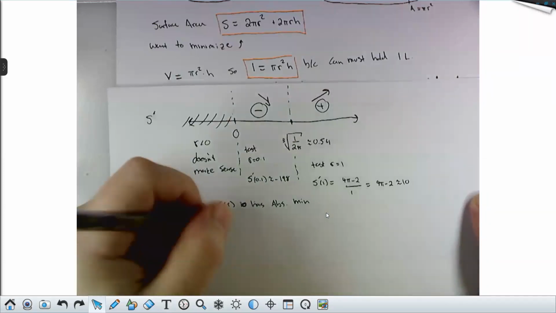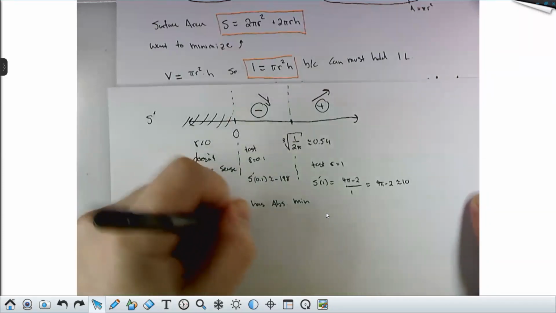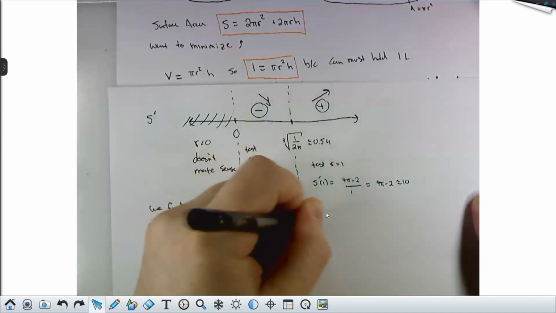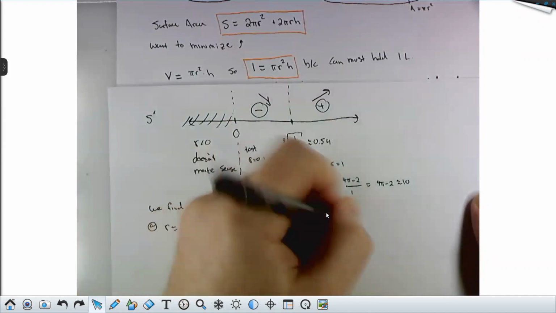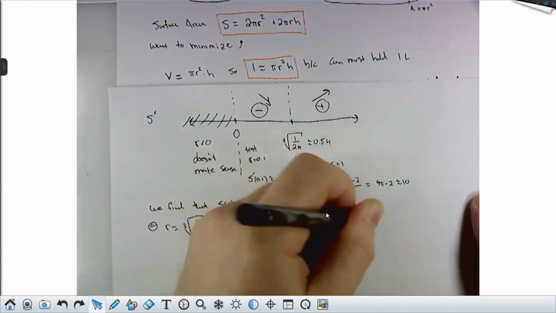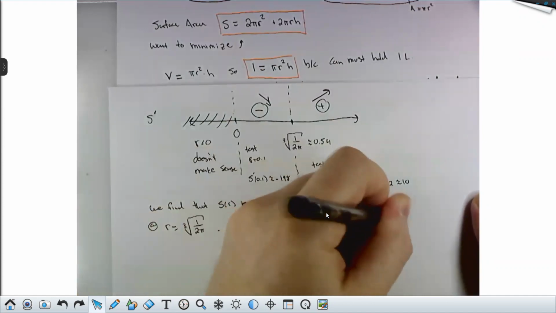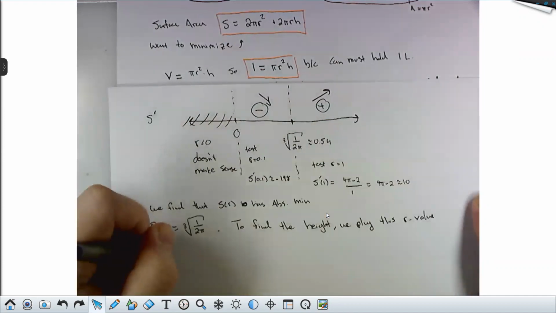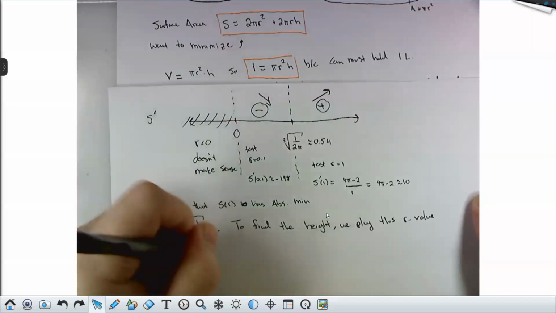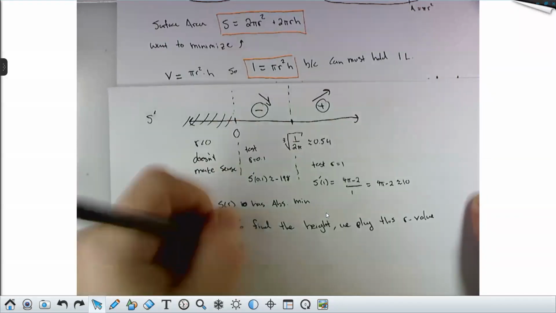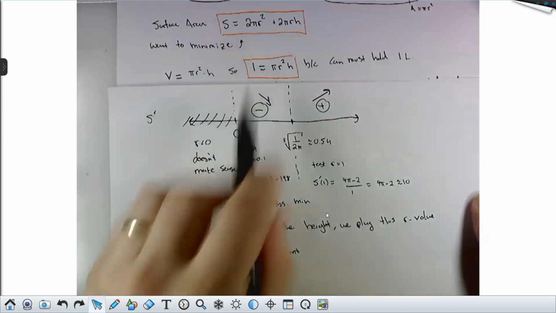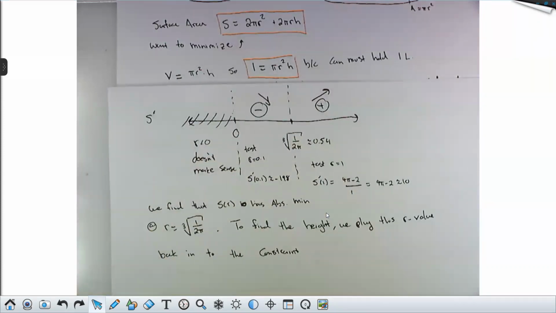To find the height, we plug this R value back into the constraint, which is the equation that tells us how R and H are related to each other.